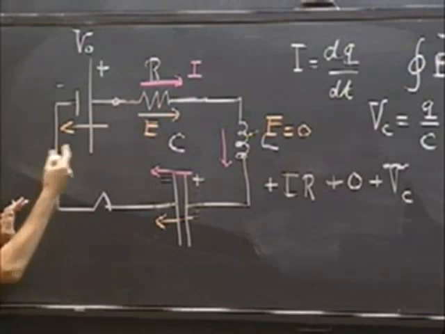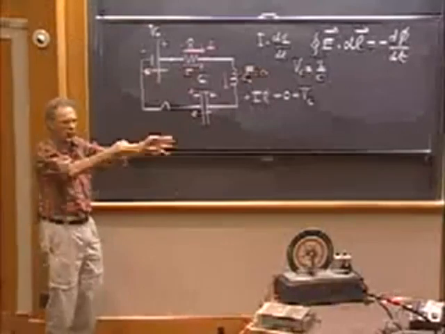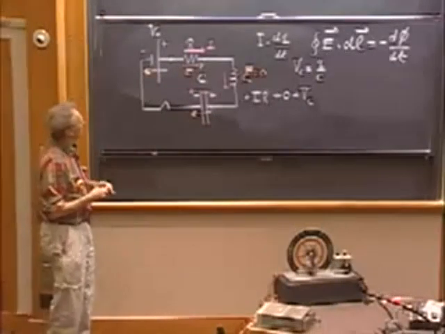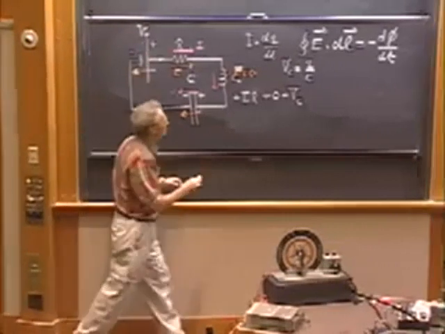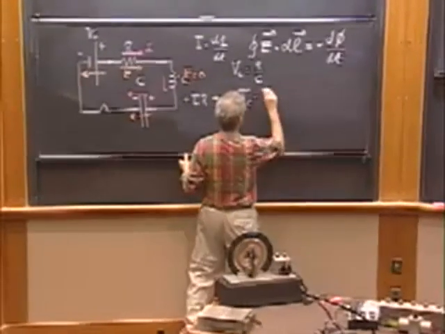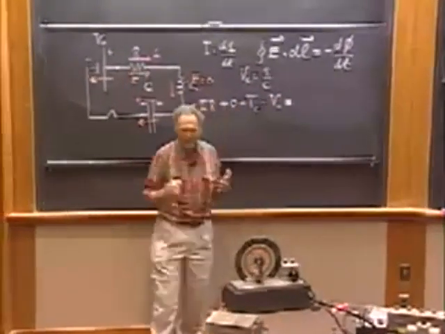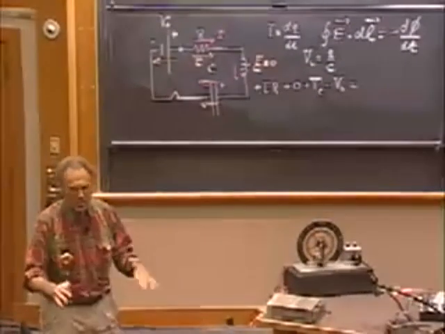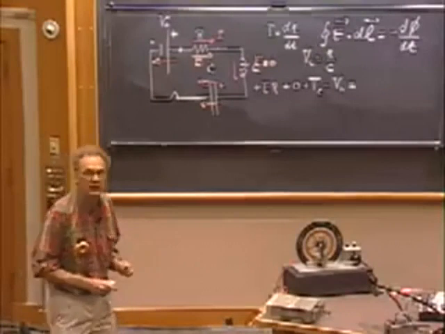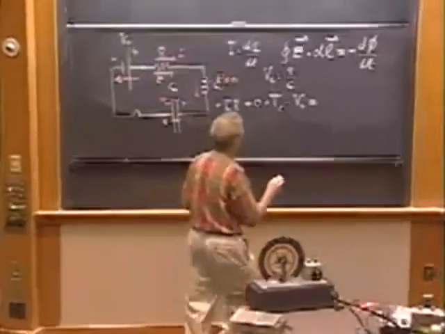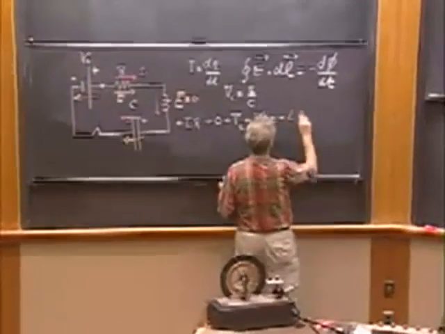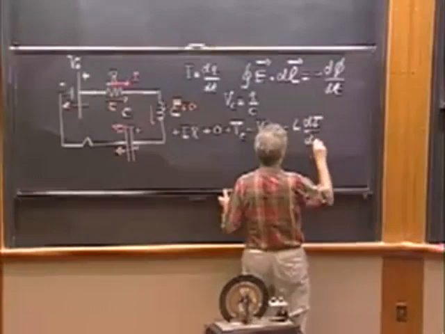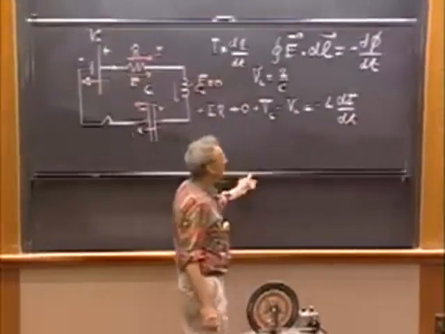Here the electric field is opposing me. I walk into the electric field, so E dot dl is negative, and this is minus V0. And now I go to Mr. Maxwell, to Faraday, and he says, and this now is minus L dI/dt. The hell with Kirchhoff. Minus L dI/dt. And now I have my equation correct.